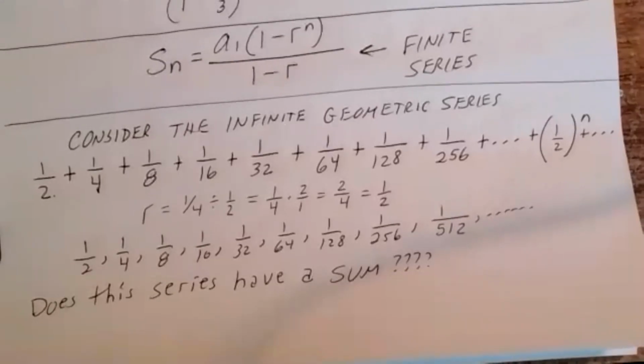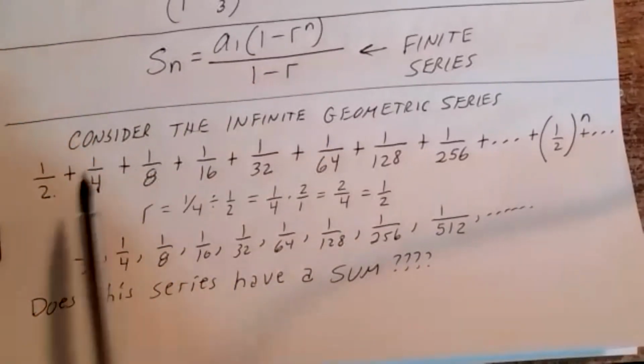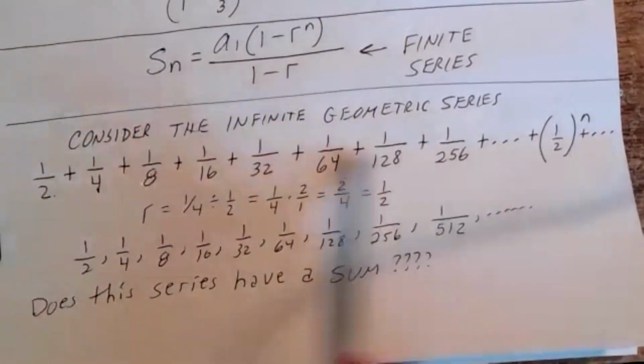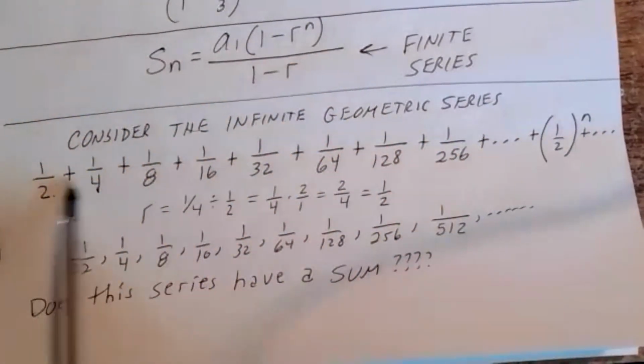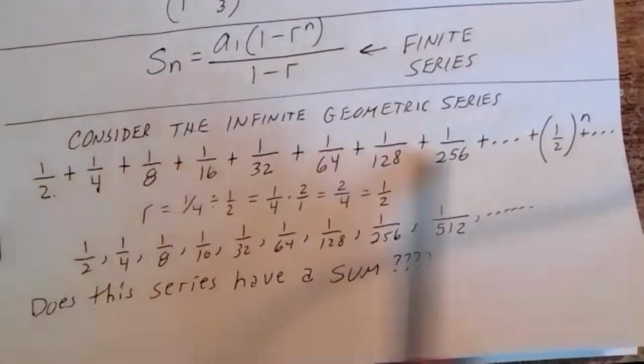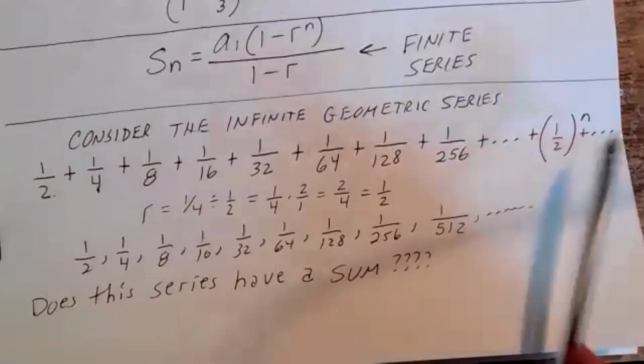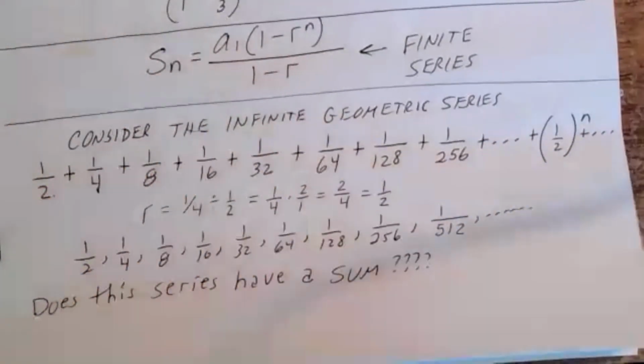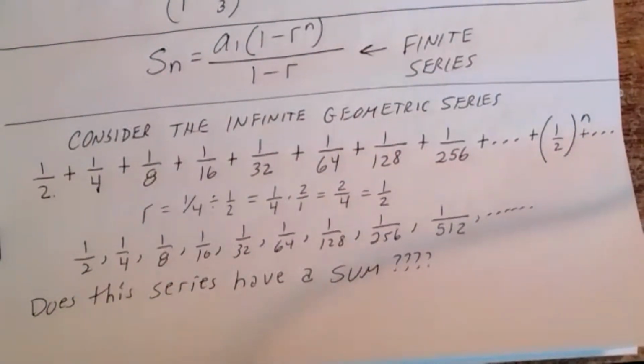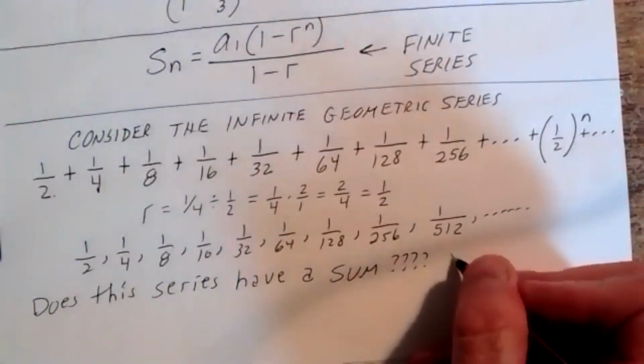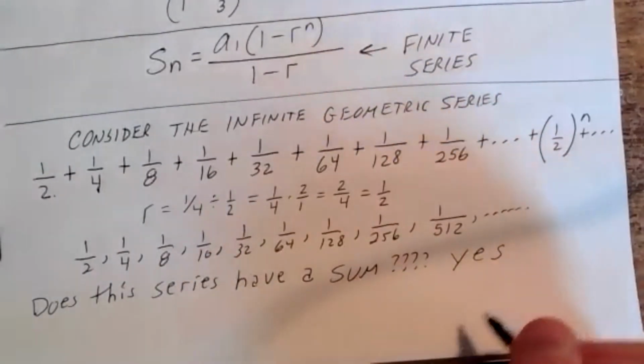Seems to me like this geometric series, despite it being infinite, the sum would exist and it would have to be equal to 1. I don't know if that circle argument helped you to realize that, but that would be the case. So yes, it does look like the sum exists.